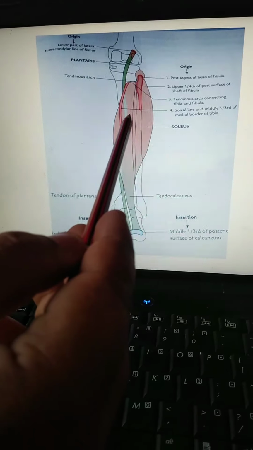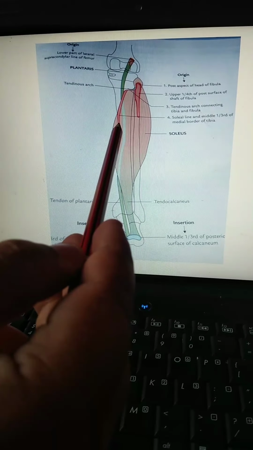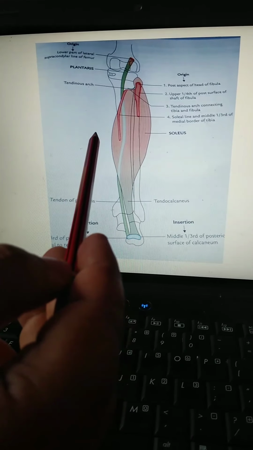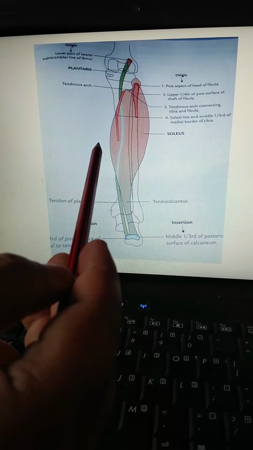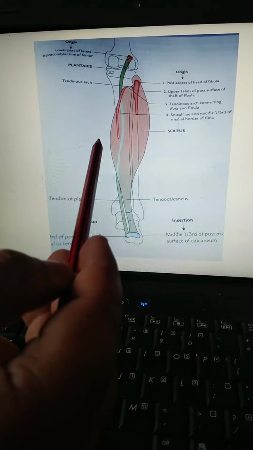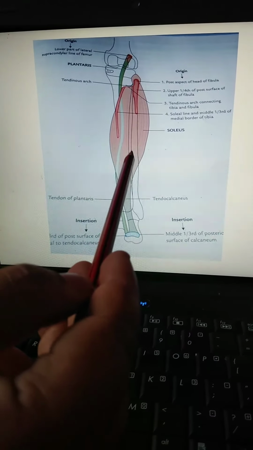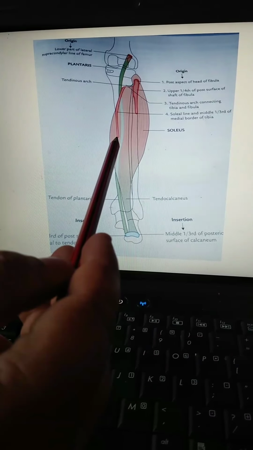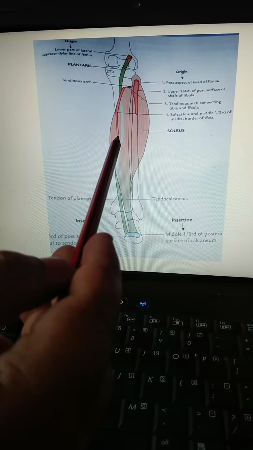The second branch supplies the muscle in the posterior compartment of the leg from its deep surface. Now, actions: it is a plantar flexor of the foot at the ankle and steadies the leg on the foot during standing. It is considered the workhorse of plantar flexion. It is slow acting but more powerful.